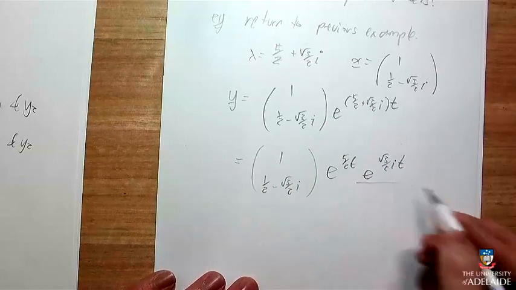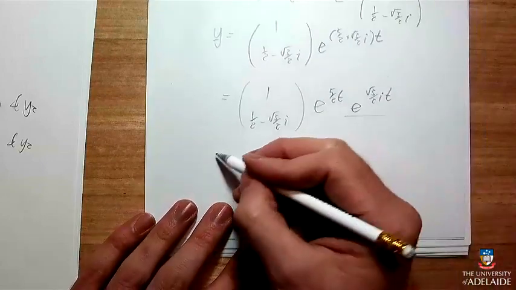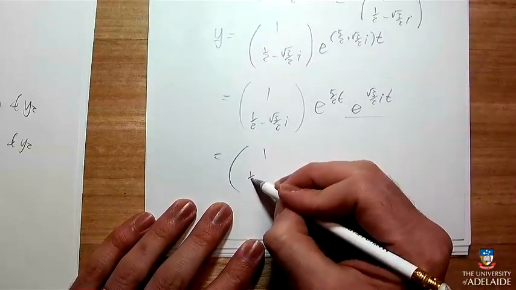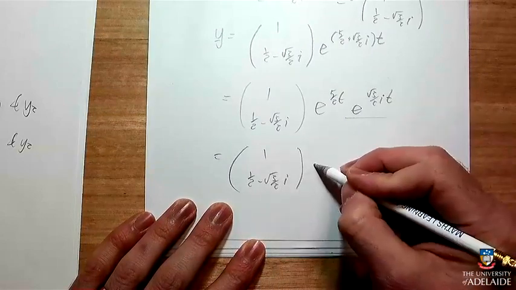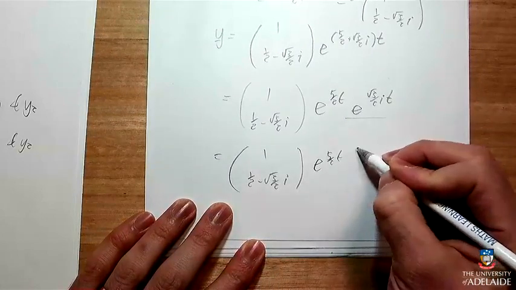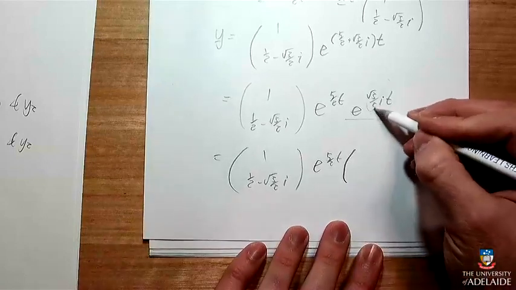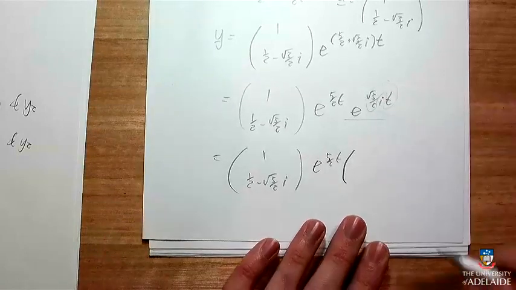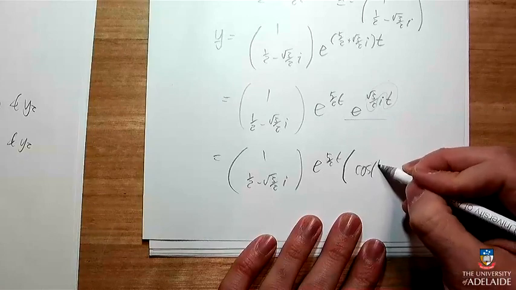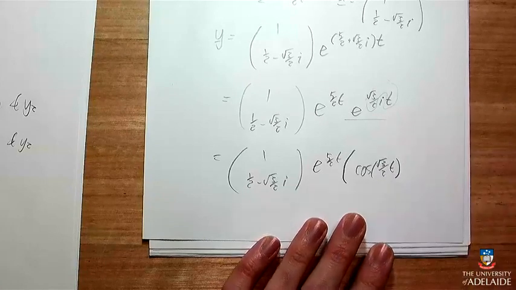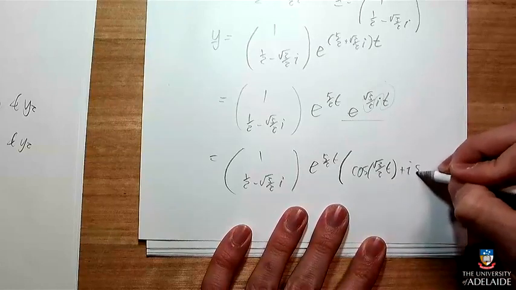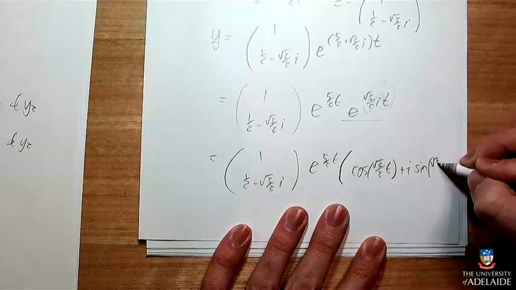So I can figure out what this is. Because e to the something times i is cos of the thing, plus i times sine of the thing.